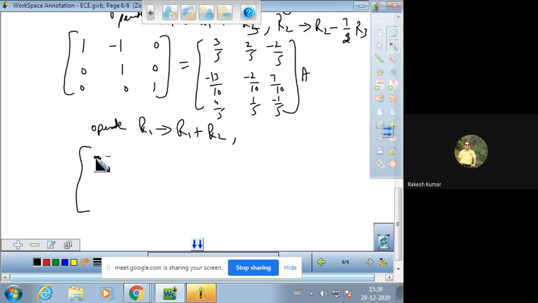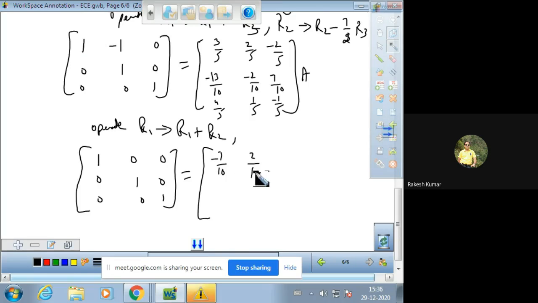And if you add R1 with R2, this will be 1, 0, 0, 0, 1, 0, 0, 0, 1. And on the right hand side, you will get minus 7 by 10 when you will add 2 by 10 and 3 by 10. And this is minus 13 by 10, minus 2 by 10, and 7 by 10.